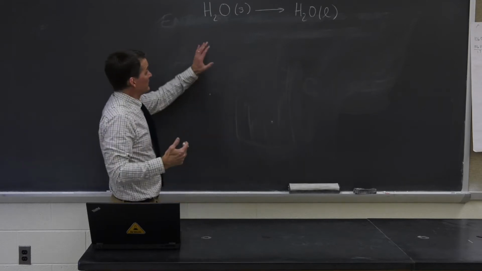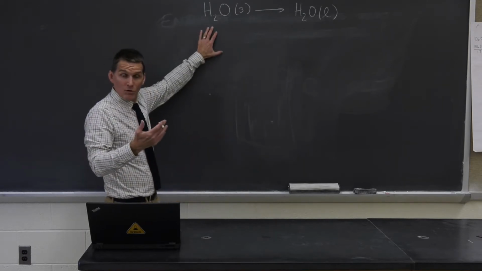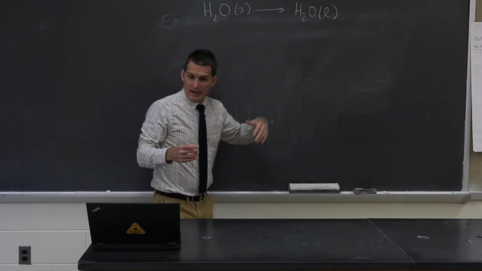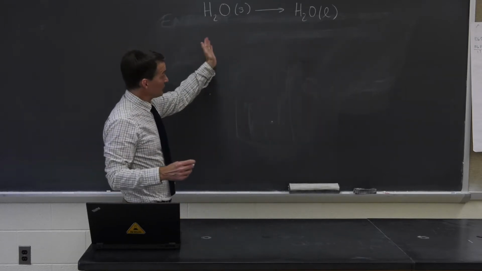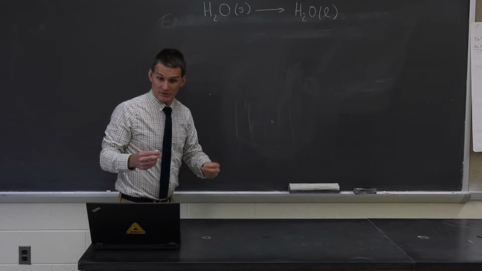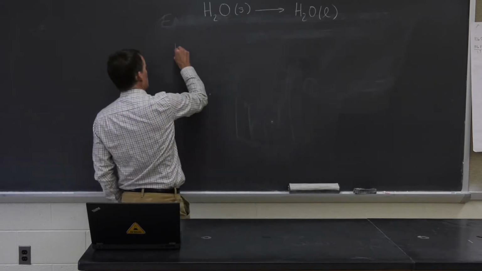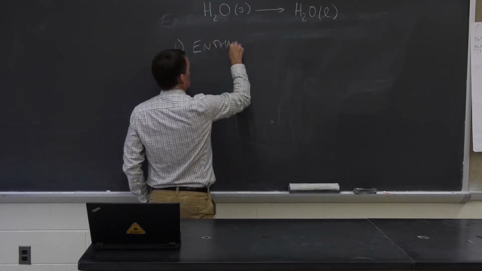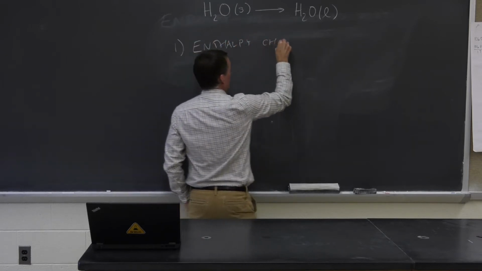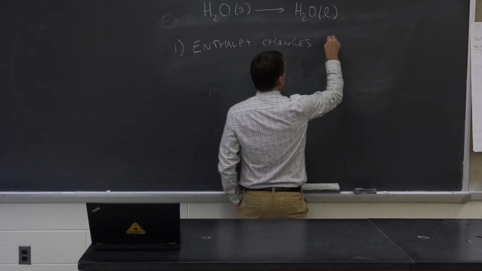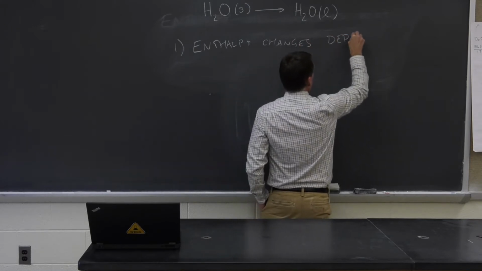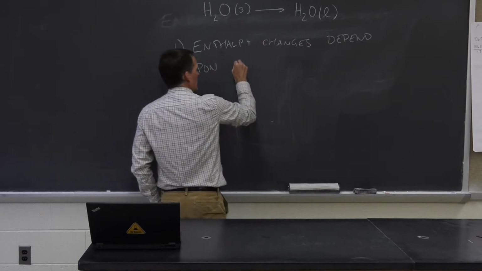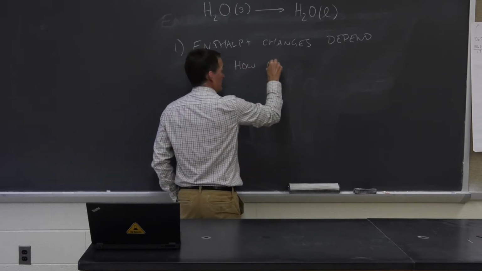We have a certain amount of solid water, ice, that's going to be melting. The enthalpy change in the system is going to be dependent upon some things. The first thing we want to recognize is enthalpy changes depend upon how much stuff you have.